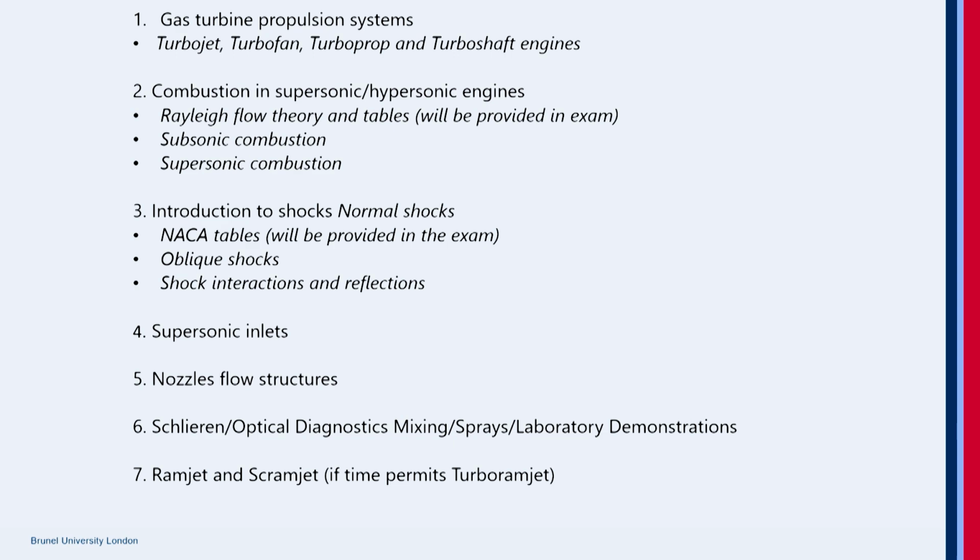It could be under-expanded or over-expanded situations. And then we also had this experimental section on Schlieren, lectures from Dr. Madan on Schlieren and mixing systems, sprays, and then lab demonstrations. Today it will be our final lecture that will be on RAMJET and SCRAMJET, and if time permits, we'll look at turbo RAMJET.